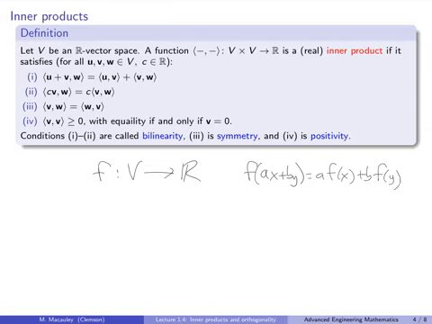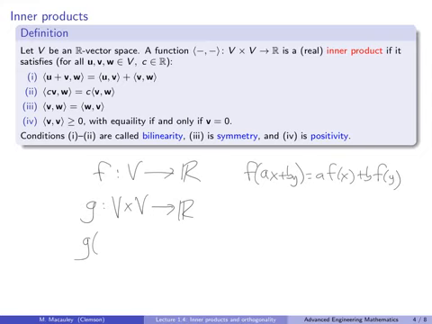A bilinear map, I'll use G for a bilinear map, is a map from V cross V to R. So it's fundamentally different because it takes two inputs, not just a single input.